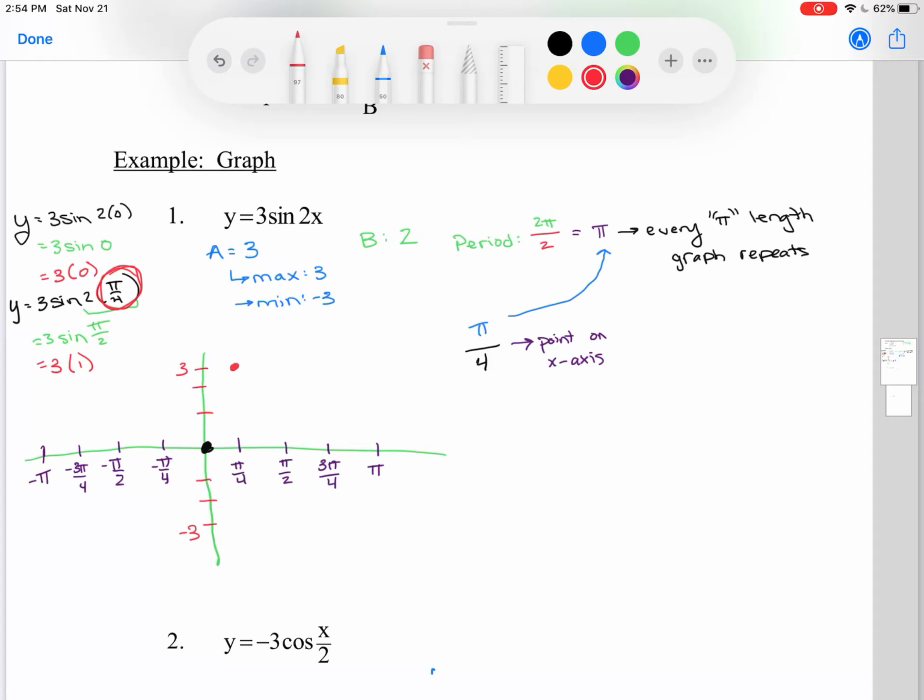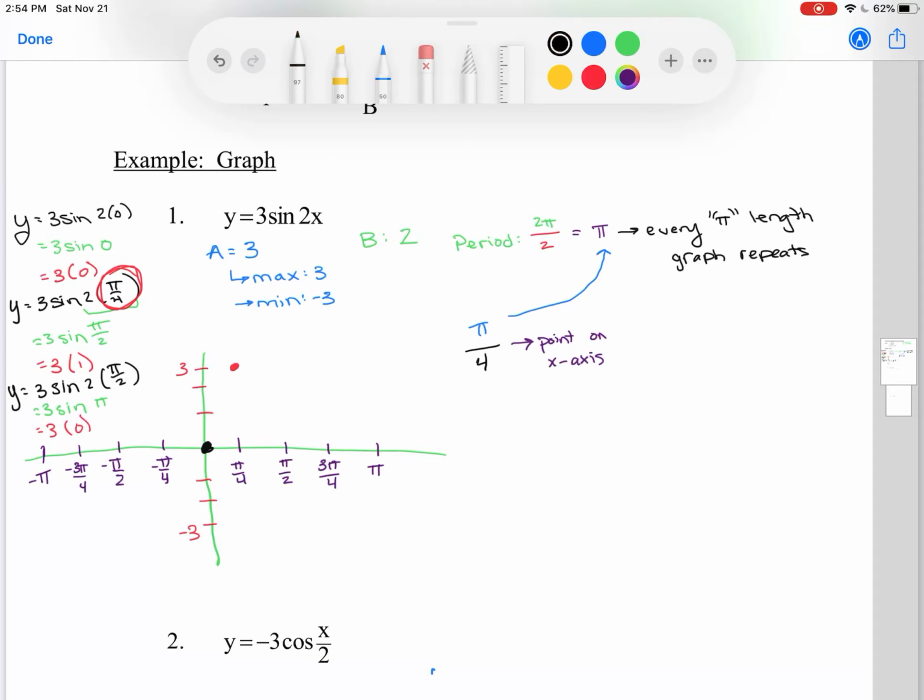Well, that's going to give me a 1. Now, that doesn't mean that at pi over 2, you're going to put a point at 3. No way, okay? That was not the point you just tested. You just tested pi over 4. And it got you a pi over 2 because of that number 2, that b value in front. So that's still going to be the coordinate for pi over 4.